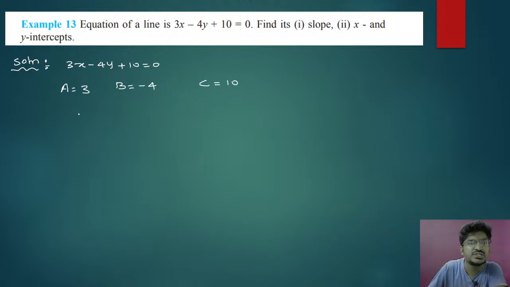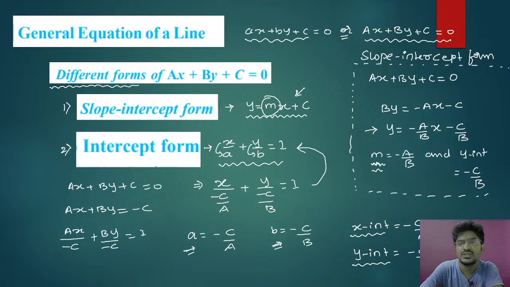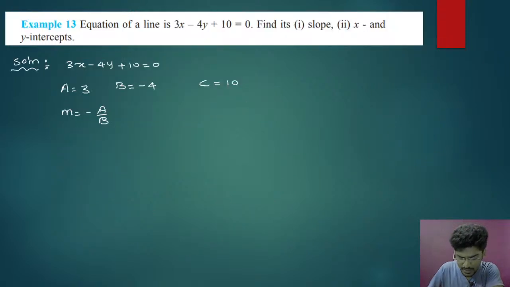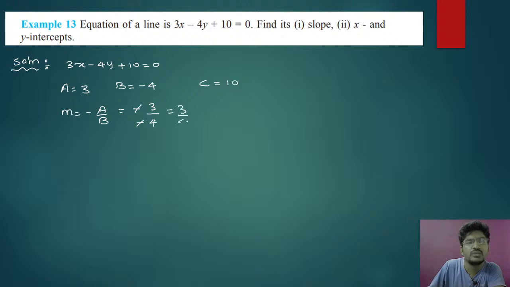So now you just see what will be the slope. Slope will be minus a by b. You can see m is equal to minus a by b. So according to this, minus a value is 3 divided by b value is minus 4. Cancel minus and minus. So slope will be 3 by 4. This is how you can find the slope of the line ax plus by plus c equal to 0.